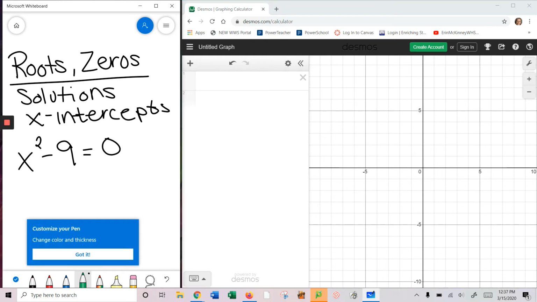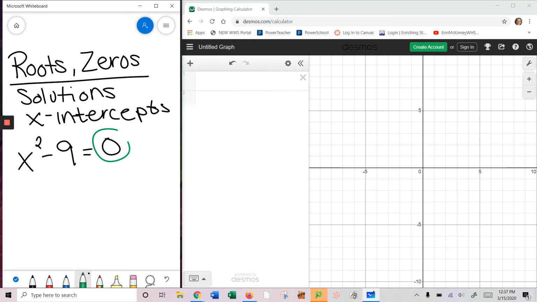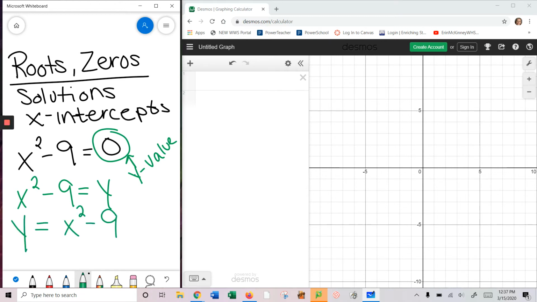So if we look at this right here, whenever something is 0, we can think about this as being the y value, because our y value is equal to 0, which means we could really then write this as x squared minus 9 is y. Now, if I flip that order, y equals x squared minus 9, this looks like an equation that we can graph, right? It looks like a function. It's just that we have a squared in it, and that's not something we've talked about graphing before.